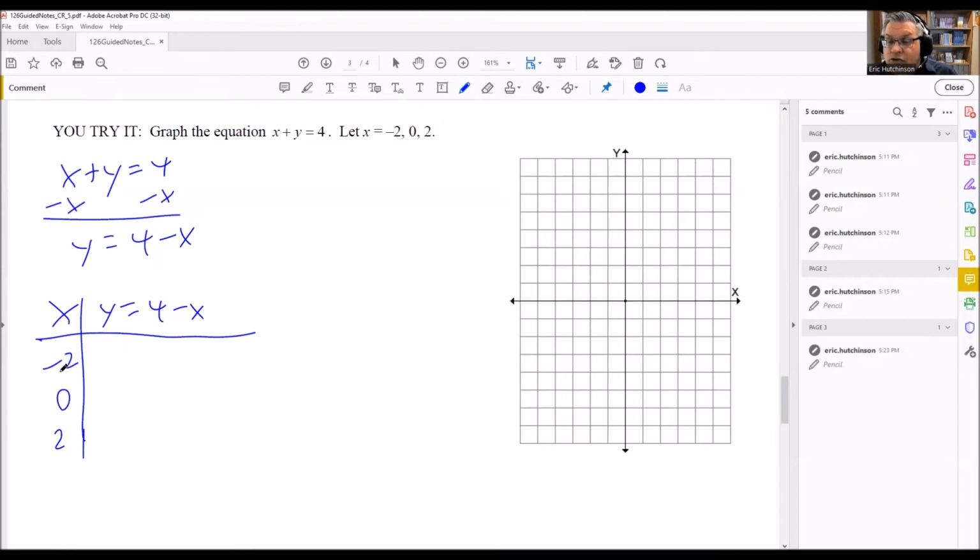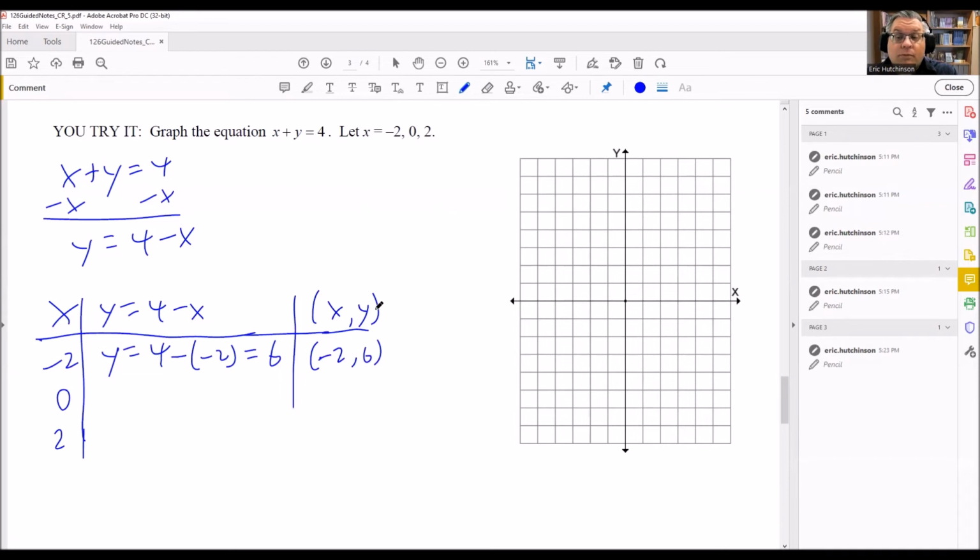So I want to put -2 in for the x. So I'll do y equals 4 minus, and then I have -2. And that's going to equal 4 minus a minus will give you a 6. So that means that your coordinate that you'll write, x comma y, is going to be -2, 6.